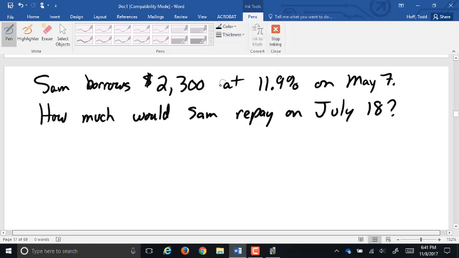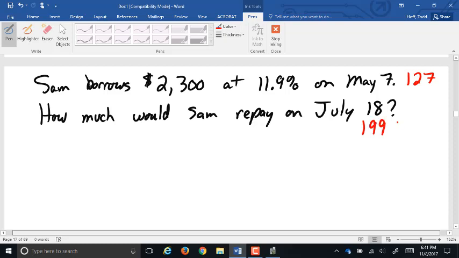Now, of course, I have dates in there, which means we're pulling out the book and looking at that magic little chart, I believe on page 396. What day of the year is May 7th? 127. What day of the year is July 18th? 199.